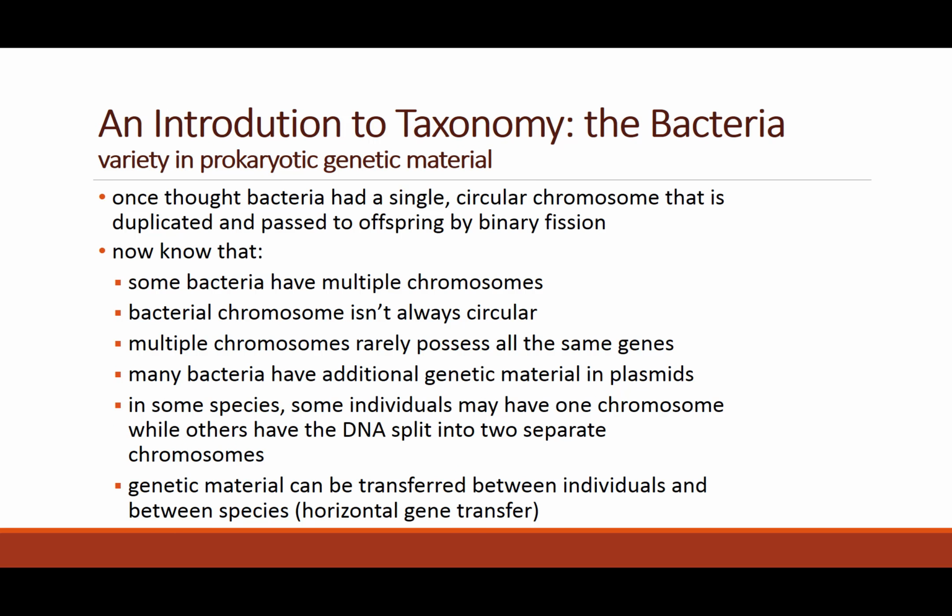And then we have all these plasmids that can be found inside of the bacteria as well. Plasmids are just little hoops, little circular stretches of DNA. They're usually much smaller than chromosomes. And when a bacterium divides, it's not necessary that both of the cells produced are going to receive the whole complement of plasmids that are found in the parent cell.